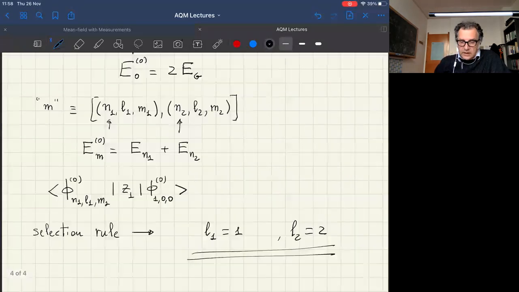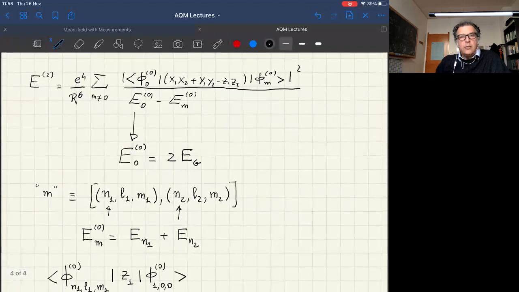So out of this incredible sum with all possible l and m, l1, l2, and so on, only those terms will contribute.